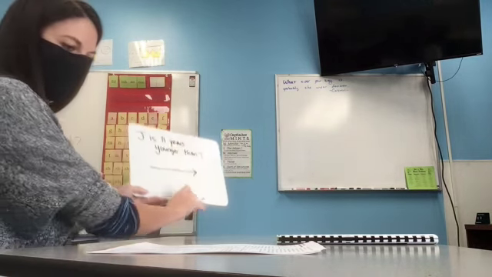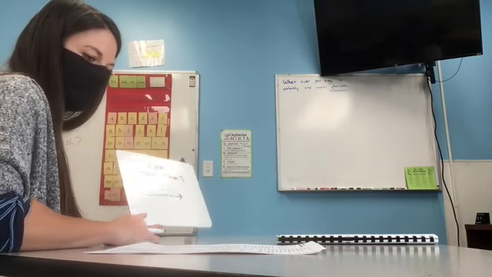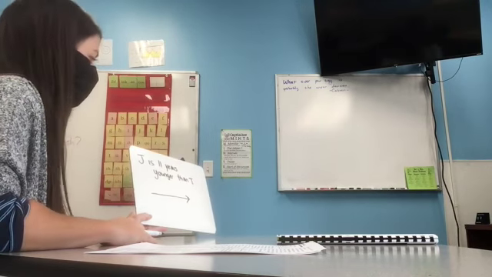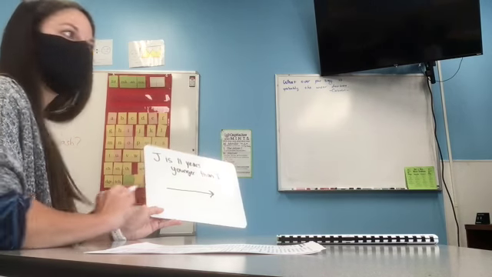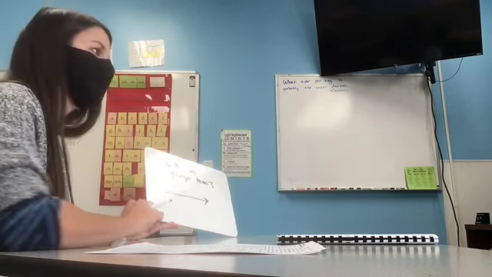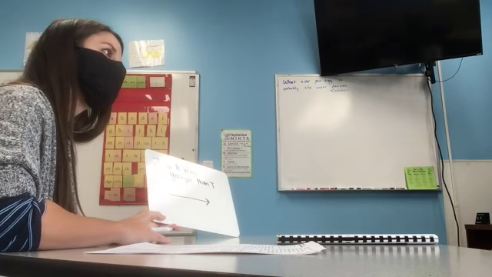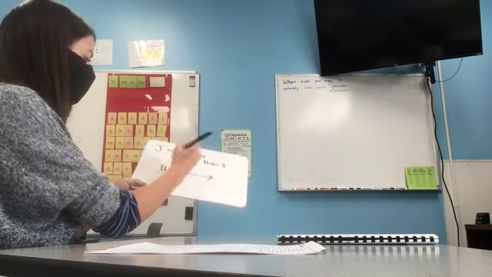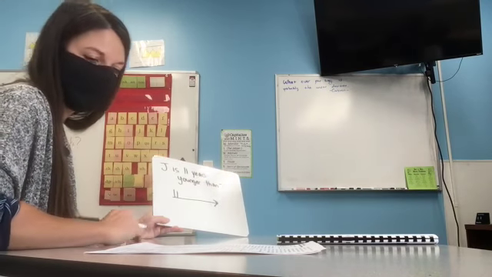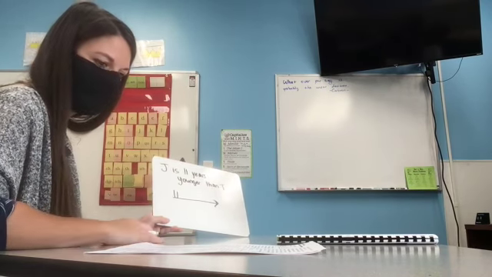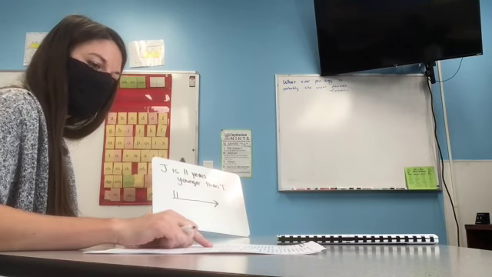J is 11 years younger than T. What's the first small number of the problem? 11. How did you know that? Because it's the only number in the problem. That's a good way to know for this one, huh? So what's the small one? 11. Yep. So J is 11 years younger than T.